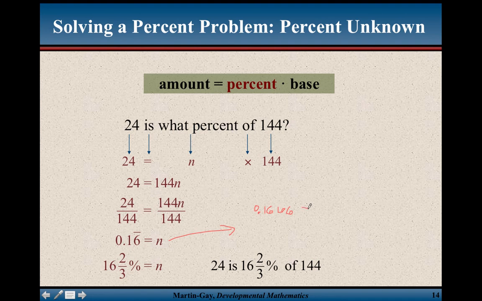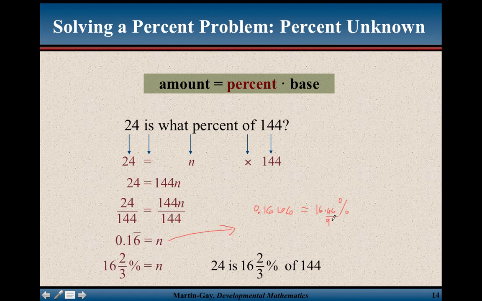So tapos, gawin natin siyang percent. That's 16.66%, right? And since it is a repeating decimal, ang over nito, sabi ko doon sa discussion natin noon, is 99.